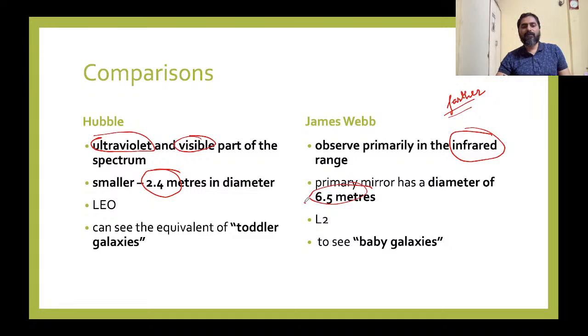Here we are deploying a very large mirror, and the James Webb telescope has been sent to L2. The advantage of being at L2 is that it can look deeper into space. So its location is also advantageous. It is already present quite deep in space, and then it can look further into deeper space. That is the advantage of the James Webb telescope.